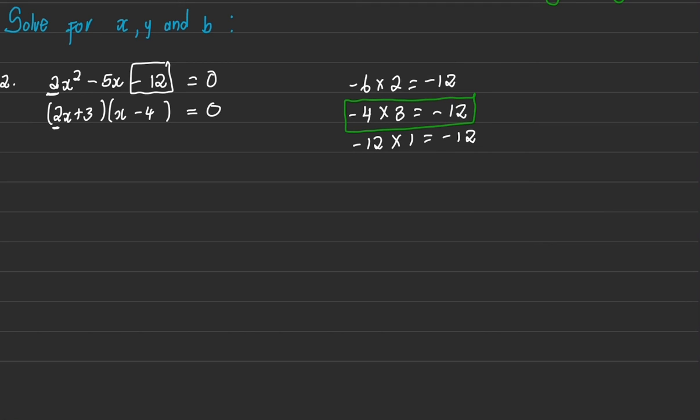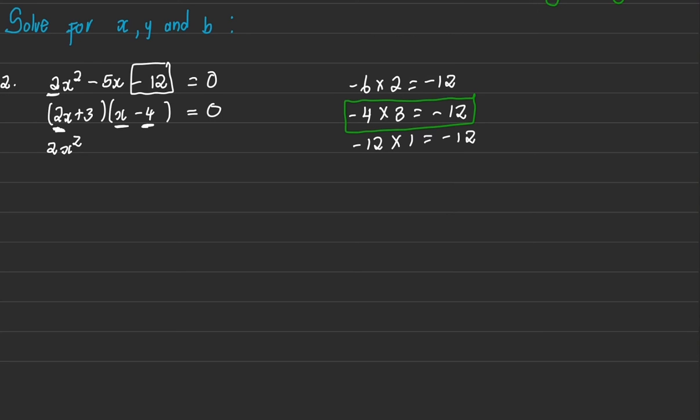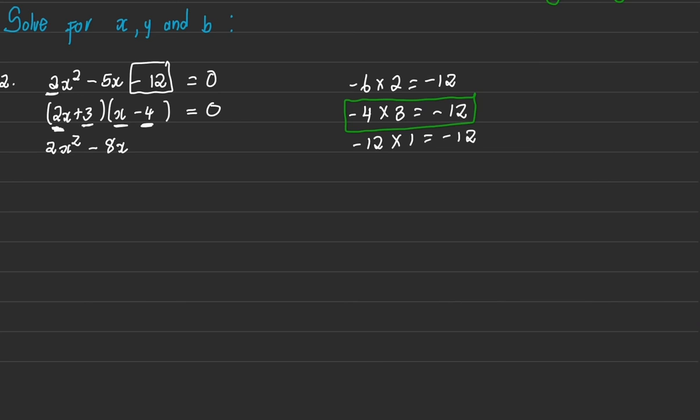So you need to check if your factors are actually correct. If you take 2x multiplied by x, you get 2x squared. And also if you take 2x multiplied by -4, you're going to have -8x. And if you take +3 multiplied by x, you're going to have +3x.